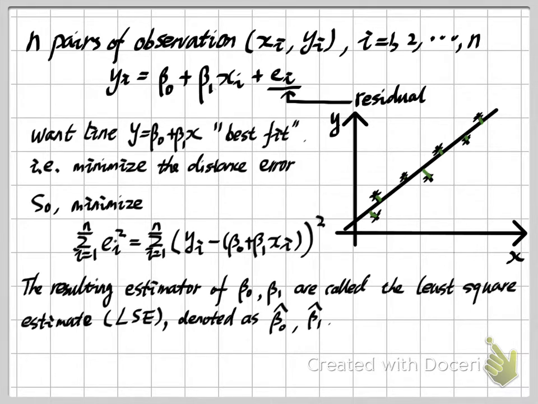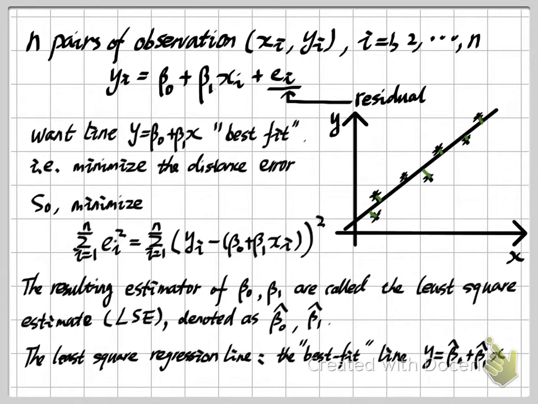Then when we plug in our beta 0 hat, beta 1 hat, and one observation of our x, we get an equation y equals beta 0 hat plus beta 1 hat x, right? So this line we also call the least square regression line.